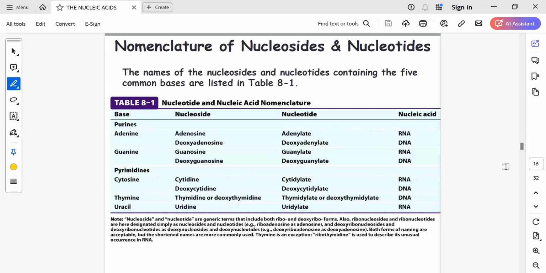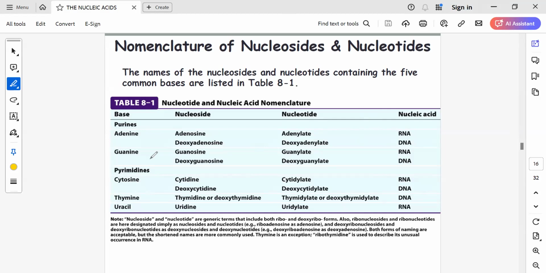So this is how these nucleotides are named. I think this is very clear. We have ribonucleotides and we have deoxyribonucleotides, depending on the types of the bases attached. If it is adenine plus ribose sugar, you have riboadenosine, or in a simple term, you call it adenosine.